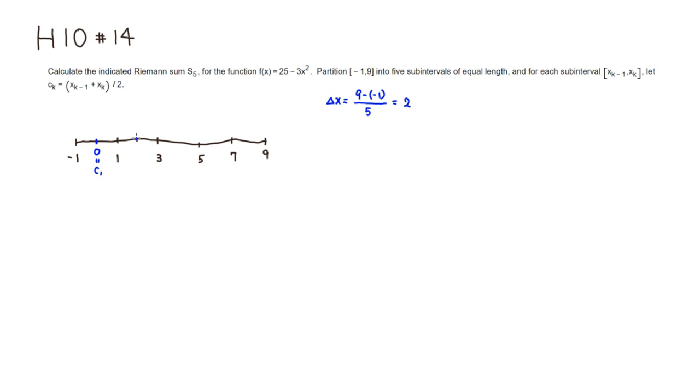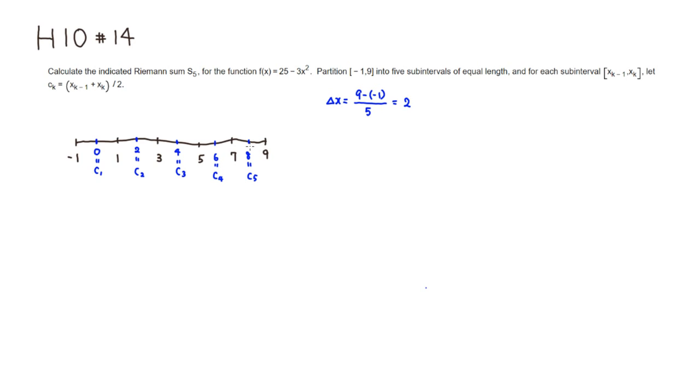The midpoint here is 2, our C2. The midpoint here is 4, C3. The midpoint here is 6, C4. And the next is 8, so that's C5.